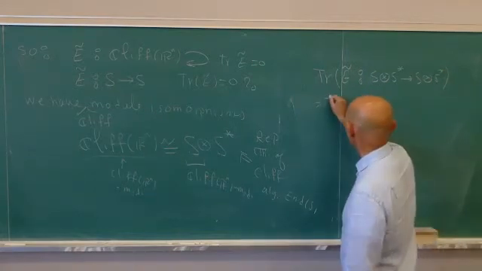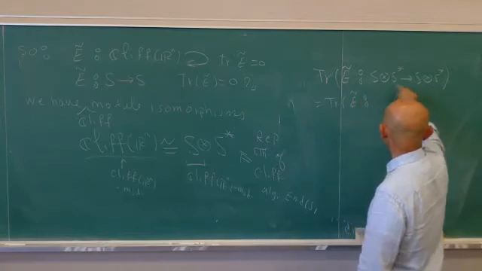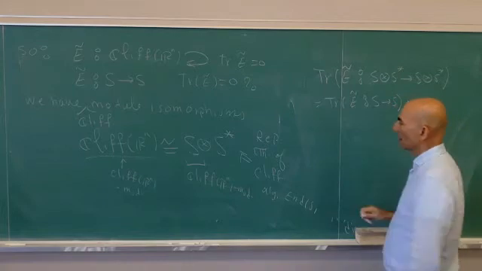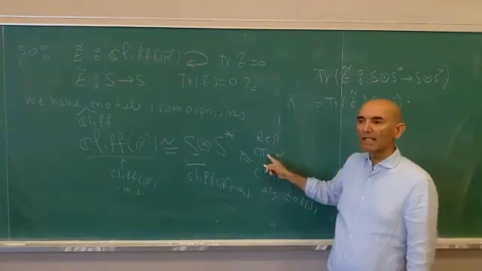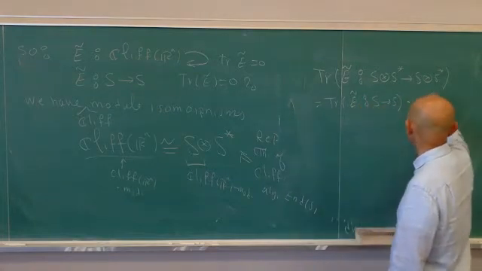That's equal to the trace of E tilde as a map from S to S, times the trace of the identity, which is 2 to the n times 2 to the n.